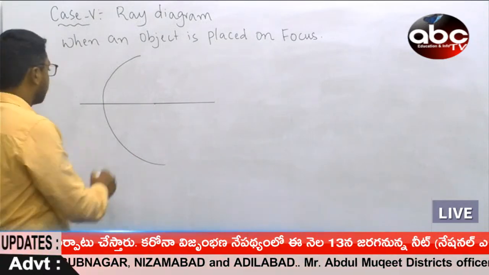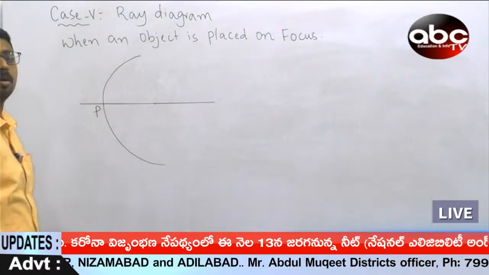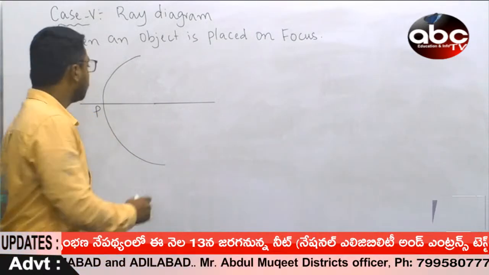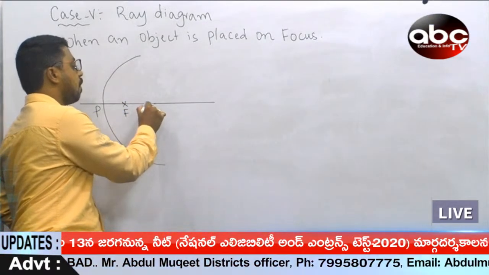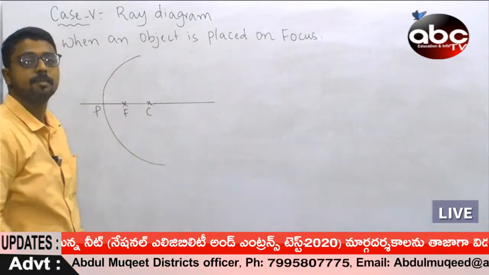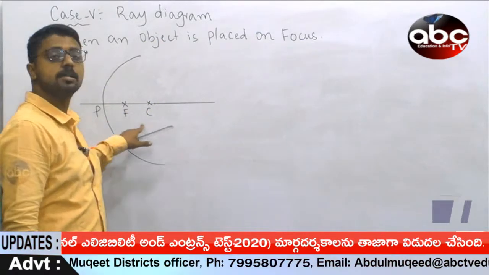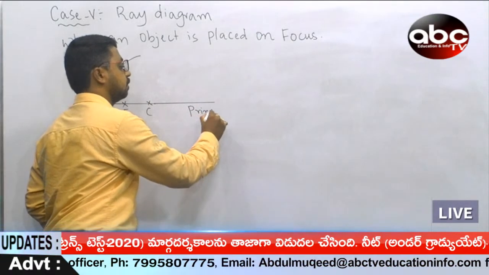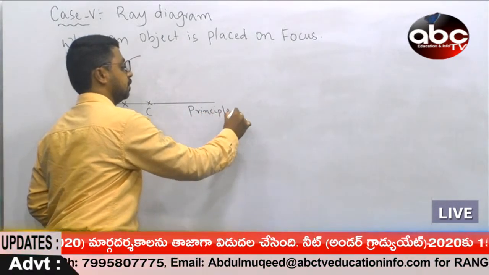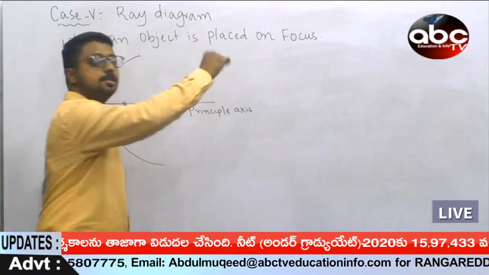So this comes for a common concept that is called as pole. This is nothing but called focus, and this is center of curvature. Pole, focus, center of curvature, and apart from this, principal axis.